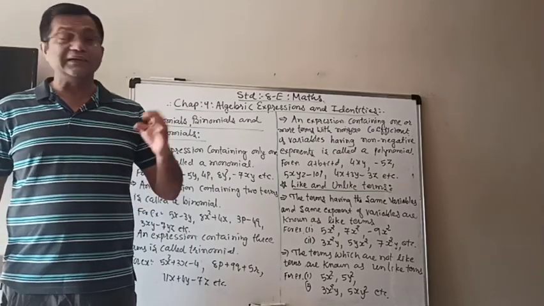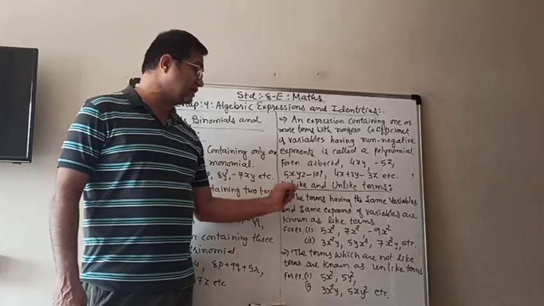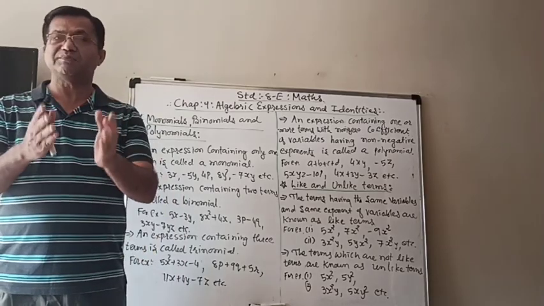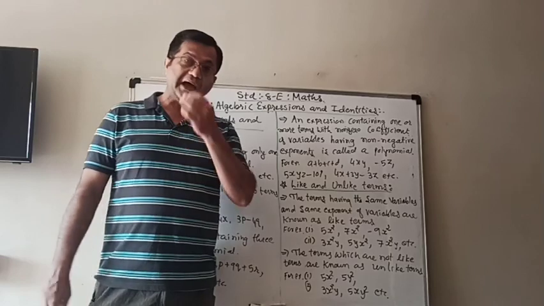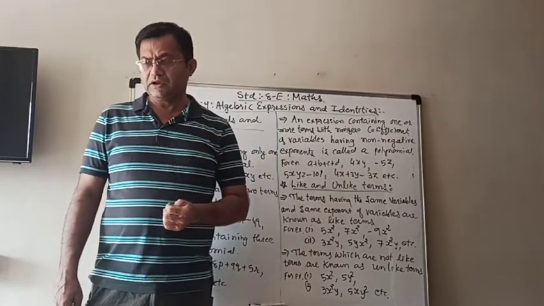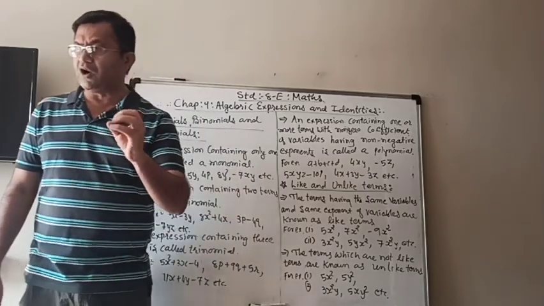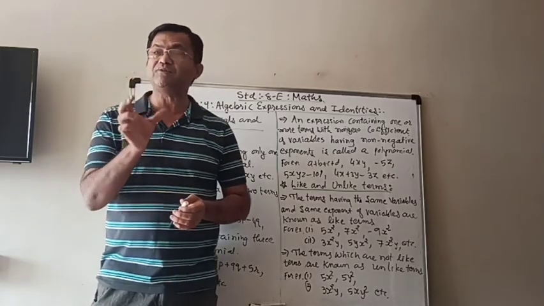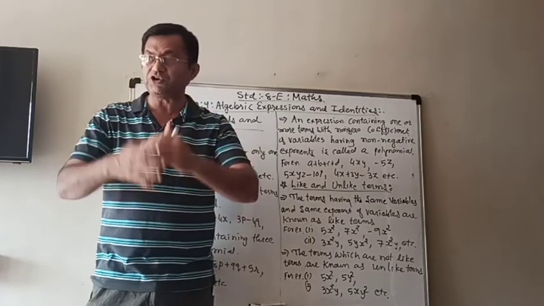Now there are two words we have to understand again: like terms and unlike terms. Like means same, unlike means different. Like terms are very simple: all those terms which have the same variables and the same exponents of the variables.